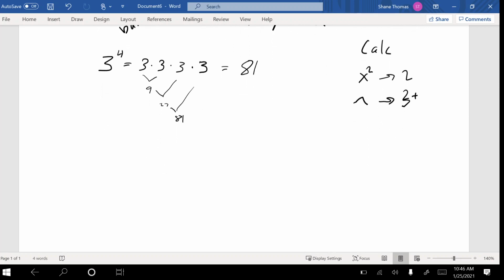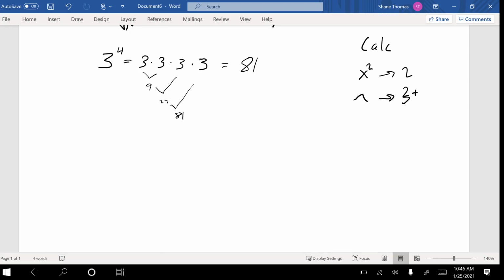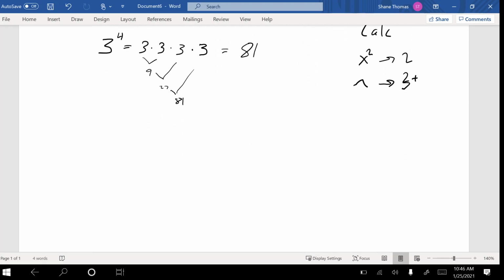Now, what happens if I have a negative number? So what happens if I have negative 2 squared? 4. Yeah, because this would be negative 2 times negative 2, which is going to be positive 4. Now, here's one little thing to be careful about.